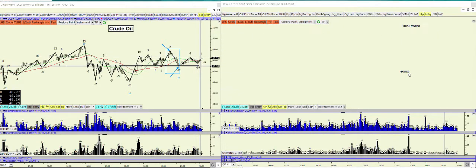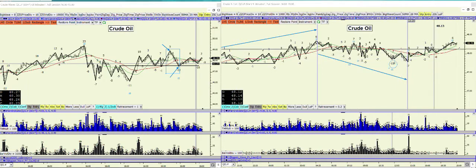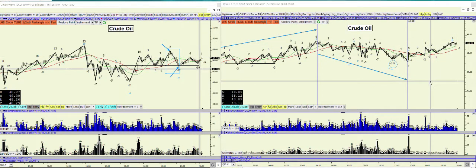Now I'm getting real curious. As you can see, the 11,000 led to this. So I'm getting a little curious, but anyway, I want to see what else is out there.